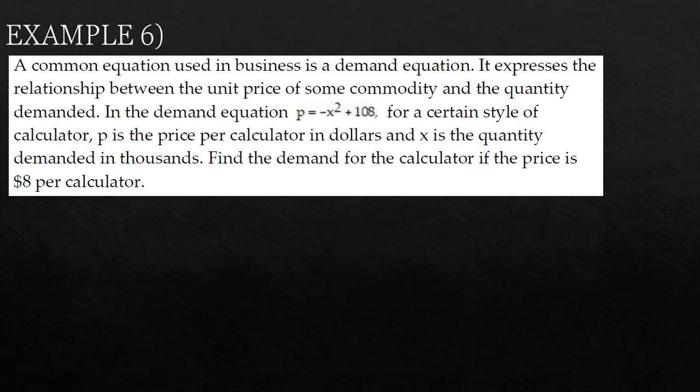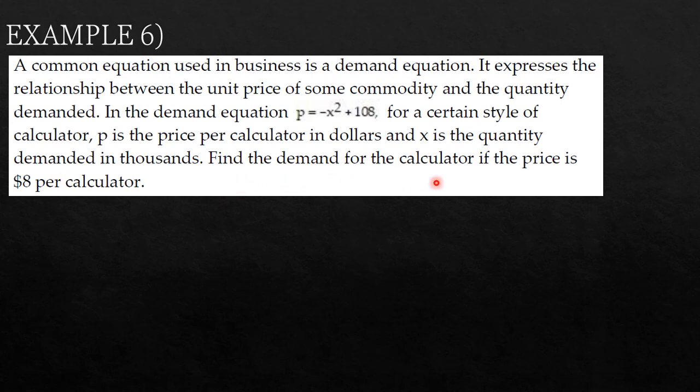Our last one: a common equation used in business is a demand equation. It expresses the relationship between the unit price of some commodity and the quantity demanded. In the demand equation, we have p equals negative x squared plus 108 for a certain style of calculator. p is the price per calculator in dollars, and x is the quantity demanded in thousands.